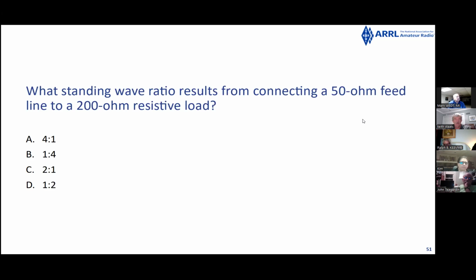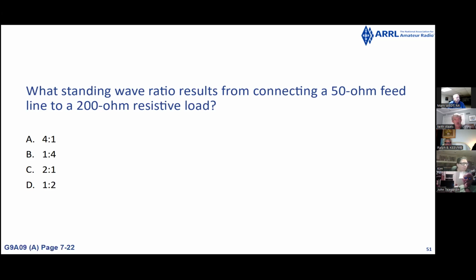What standing wave ratio results from connecting a 50 ohm feed line to a 200 ohm resistive load? 4-to-1, 1-to-4, 2-to-1, 1-to-2. A, 4-to-1.